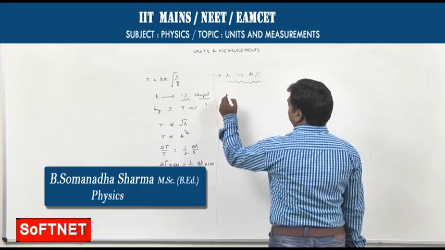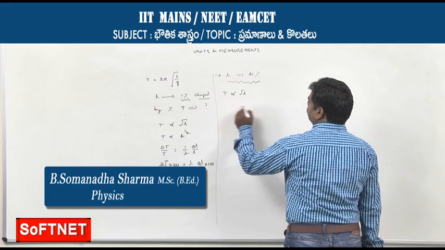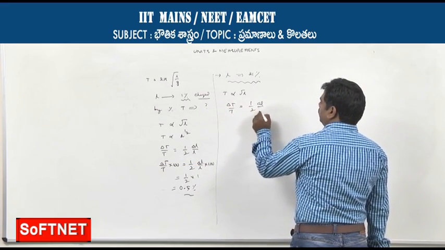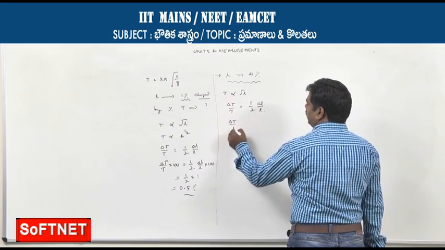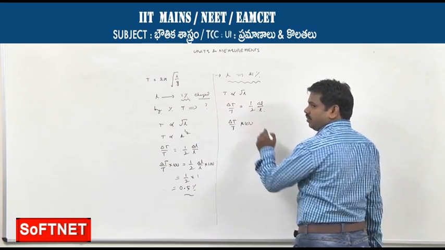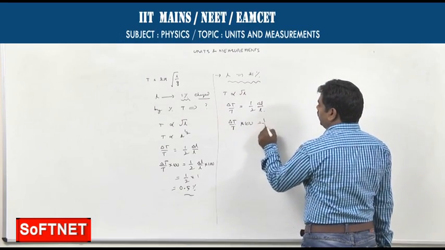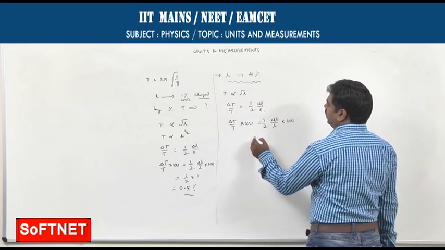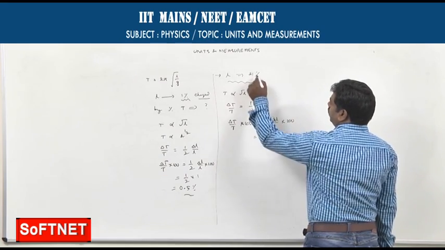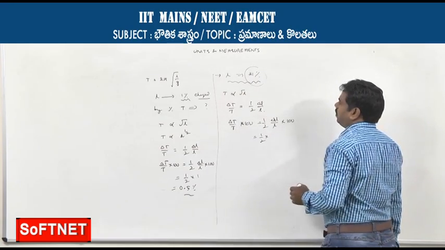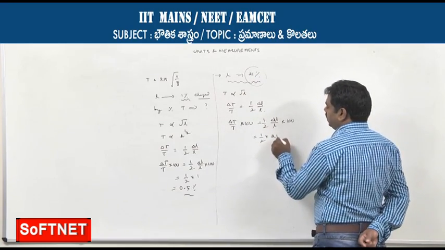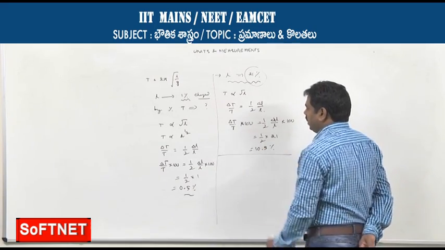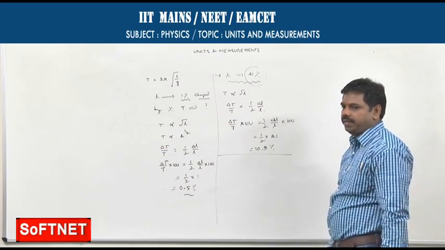Here if you use this method, T is proportional to root L, then delta T by T is equal to 1 by 2 into delta L by L, then delta T by T into 100 is equal to 1 by 2 into delta L by L into 100, that is 1 by 2 into 21 percentage, that is equal to, you will get a 10.5 percentage change in the measurement of the time period.